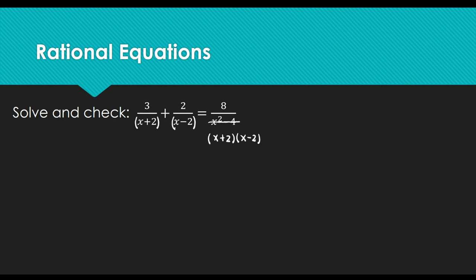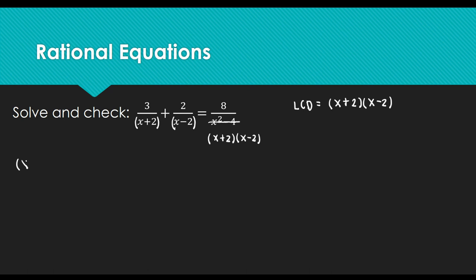And so now that everything's factored, it's going to help us out when we're looking for that least common denominator. So there are some similarities in all of these denominators, but that last denominator is taking the first two and multiplying them together. So that is going to be my least common denominator. So that's what I'm going to multiply every single thing by.